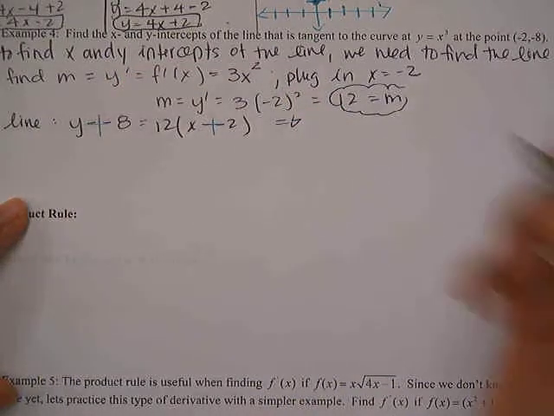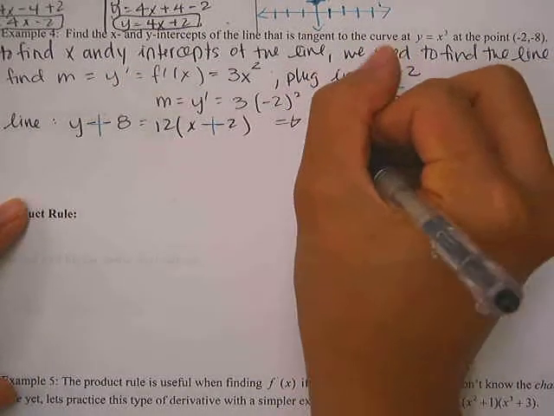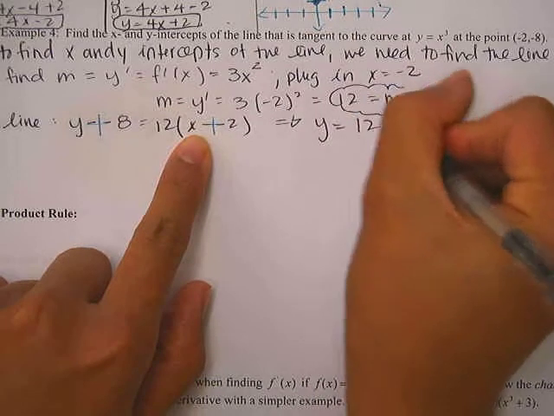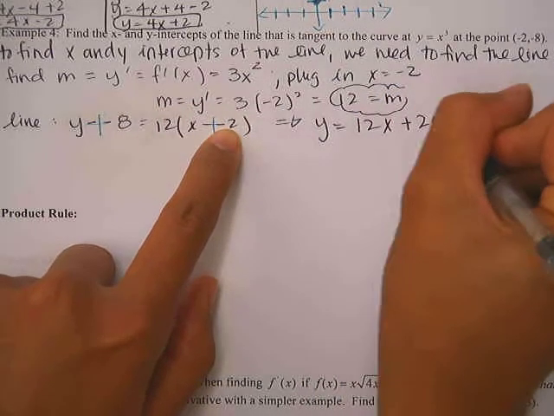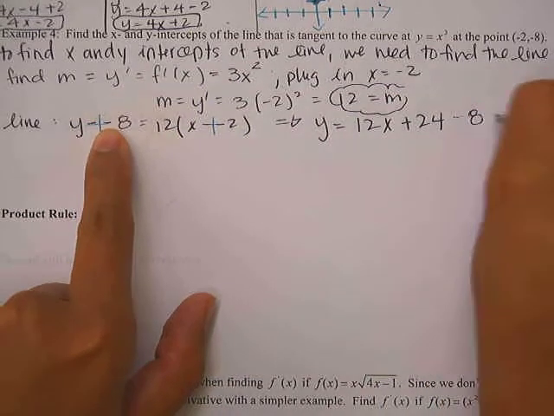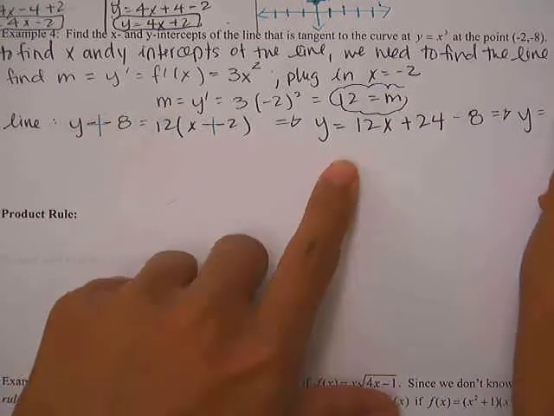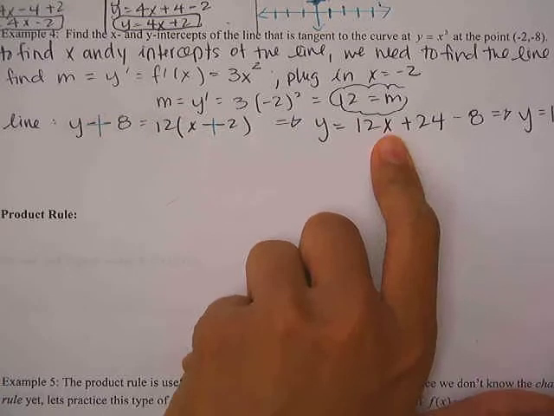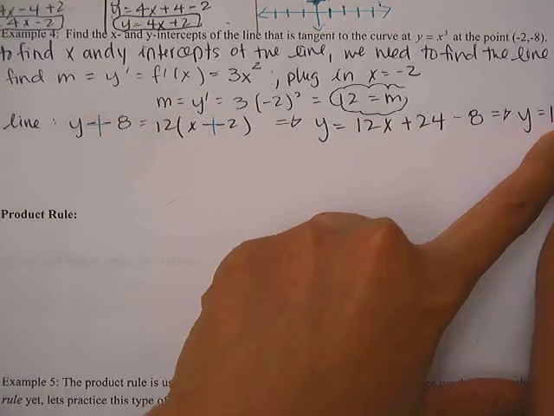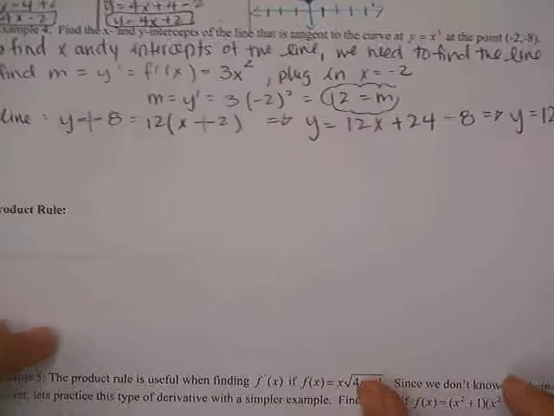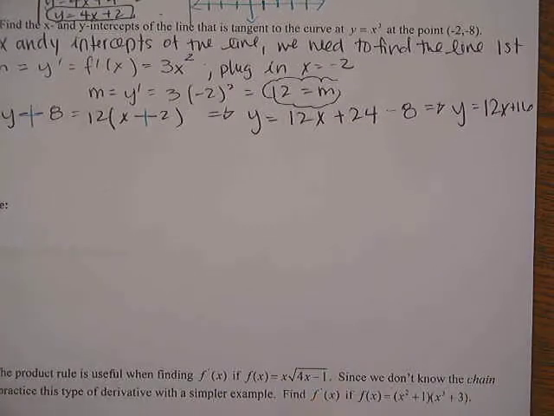So that's going to give me y equals 12 times x is 12x. 12 times a positive 2 is a positive 24. Take away 8. So this is going to give me 12x plus, that is going to be 16, right? Positive 16. There you go. So that's my line. That's my tangent line.